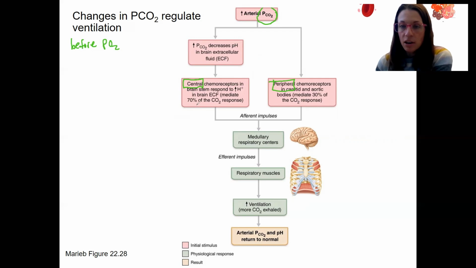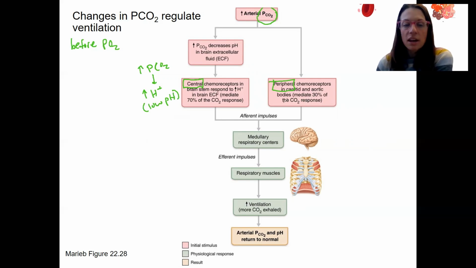This is about 70% of our response to changes in CO2: high PCO2 equals high hydrogen, which is low pH. Peripheral chemoreceptors in the carotid body and aortic bodies within the aortic arch mediate about 30%.